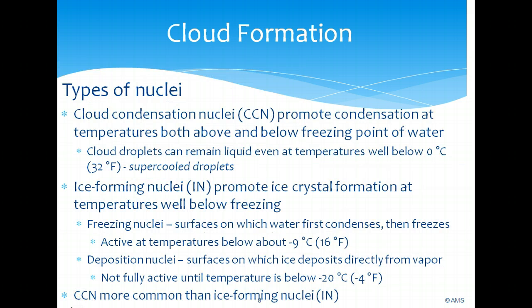There are different types of nuclei that we find in the atmosphere. One is called condensation nuclei, or CCN, cloud condensation nuclei, which promotes condensation of water vapor at temperatures above and below the freezing point of water.